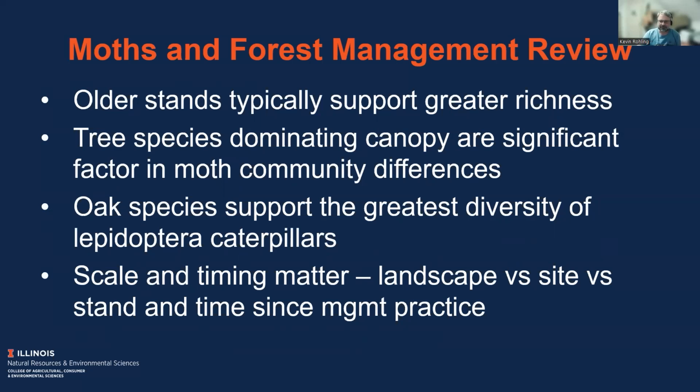So the scale and the timing of forest management can make a difference, and also differences between the scale of the study. Are you looking at a landscape versus a site versus a stand, and so on? Also the time since the management practice occurred.